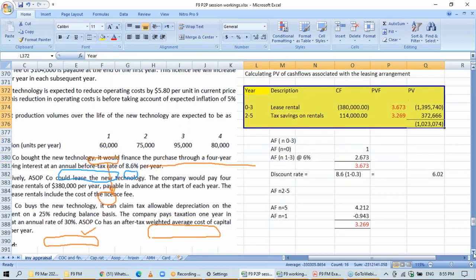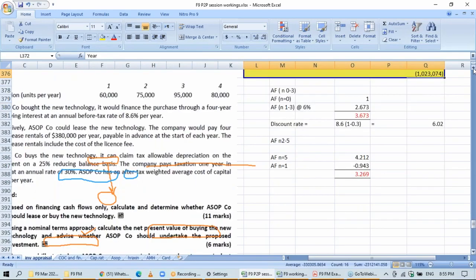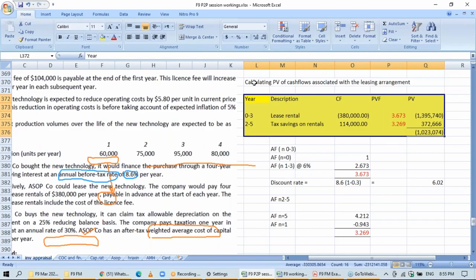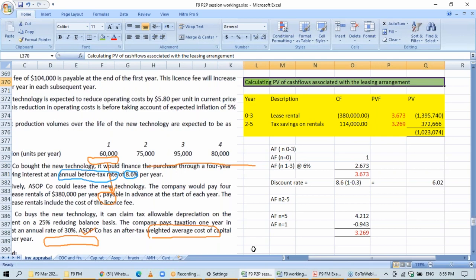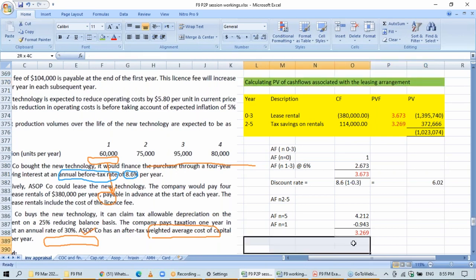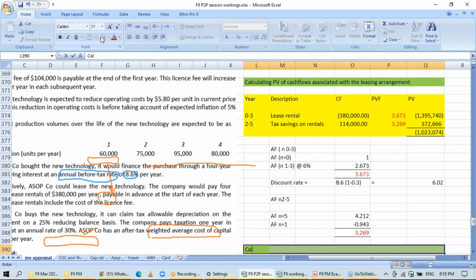Right, now let's move on to the next working, which involves calculating the present value of cash flows when the business borrows funds and owns the asset.